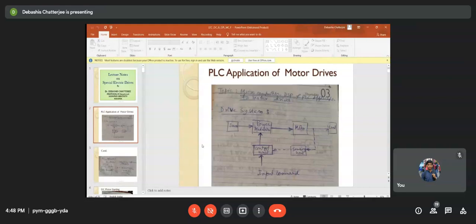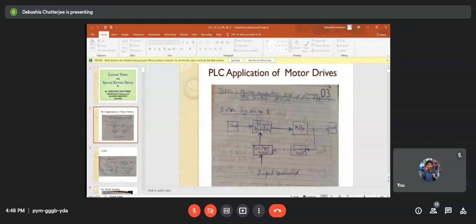So it's mainly a power conditioning unit. That is what is shown here in a drive system diagram. You see that this is a source on the left side. Now we have a power modulator, which is actually a drive system.